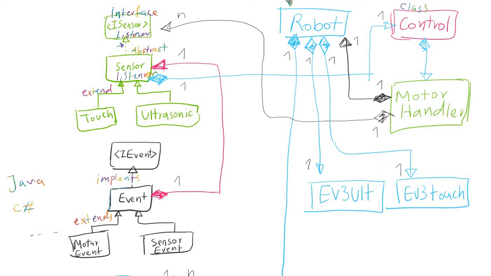So the old functionalities inside the motor handler wouldn't be visible to the sensor listener, thus I'm filtering them out inside the control class. I'm hiding some functionalities which are not relevant and have no use inside the sensor listeners by putting the motor handler as a property inside the control and implementing the corresponding methods to filter out those functionalities.